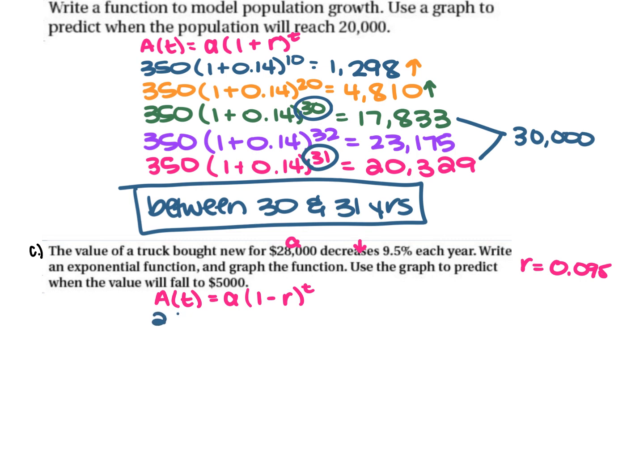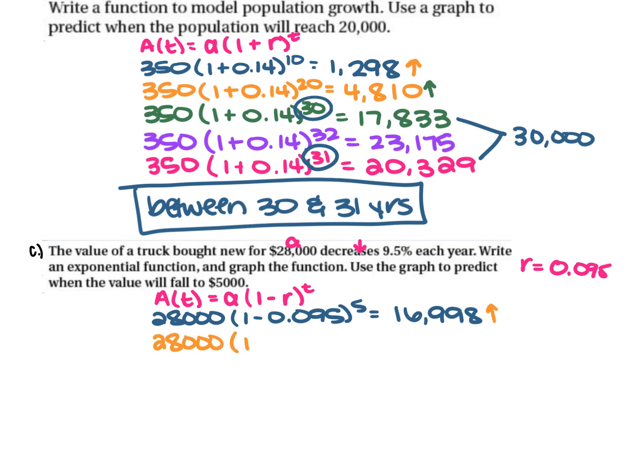So we're going to start with 28,000 times 1 minus 0.095 to the power of 5. That would give us 16,998. We're going to go up in years on this one, so we're going to jump to 10 also. So it's going to be 28,000 times 1 minus 0.095 to the power of 10.